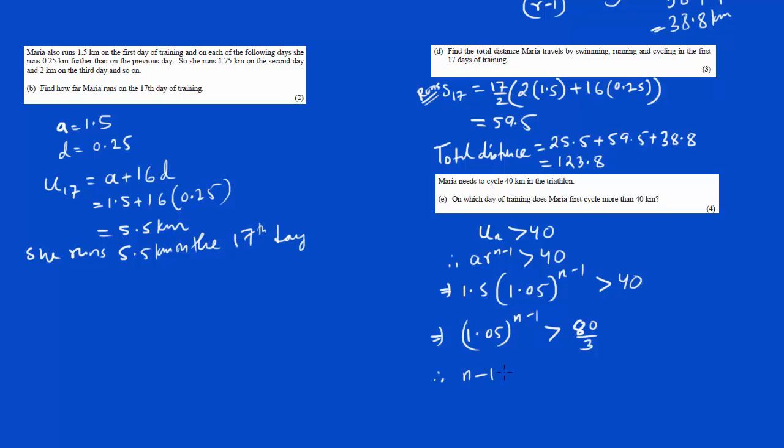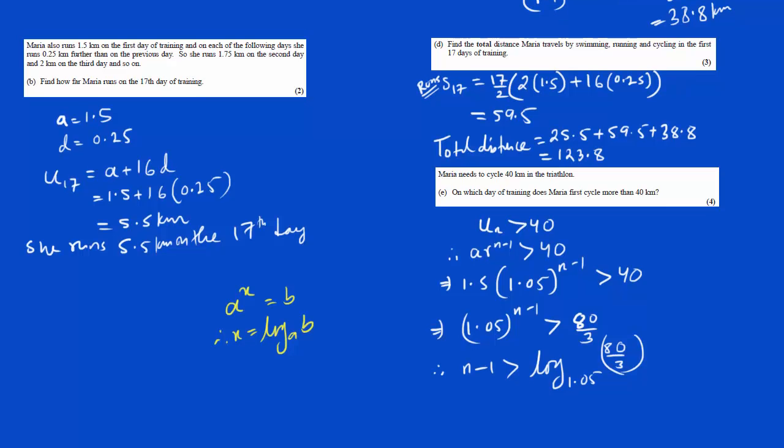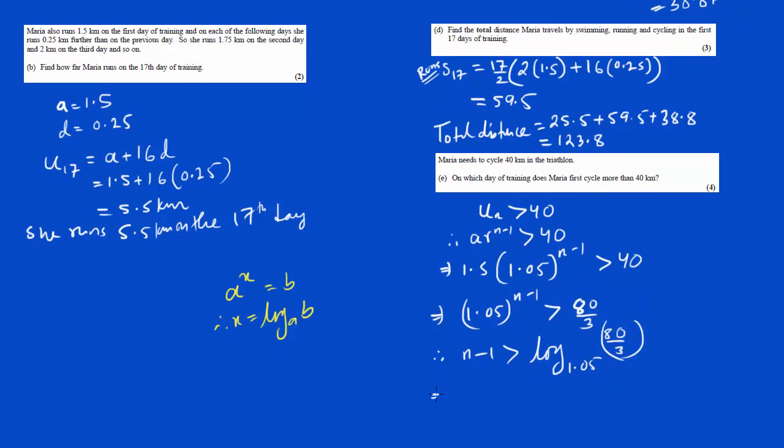So n minus 1 greater than log base 1.05 of 80 by 3. The log rule is, if you have a to the power x equals b, therefore x equals log base a of b. That's the log rule. Now we have to change the base. So we can write n minus 1 greater than log of 80 by 3 divided by log of 1.05.